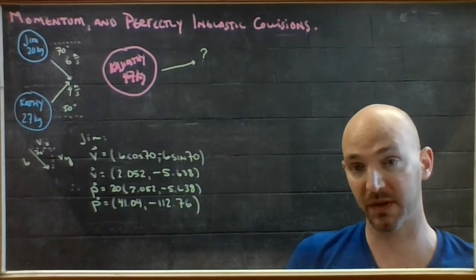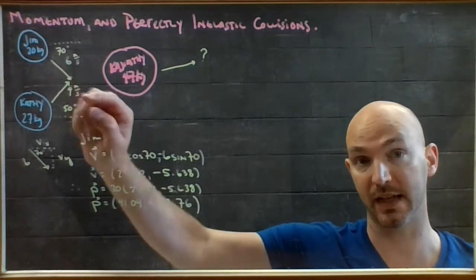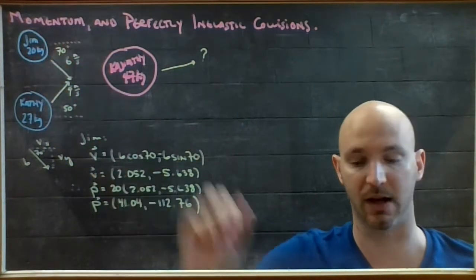Alright, so that's Jim's momentum vector here. That's how much he had when he was on his own as a single object.